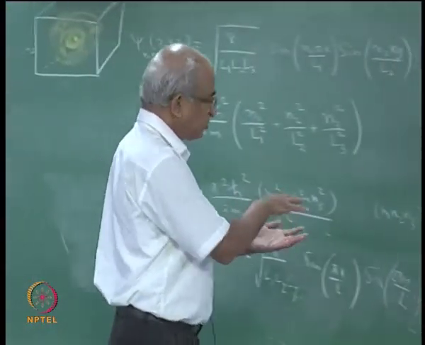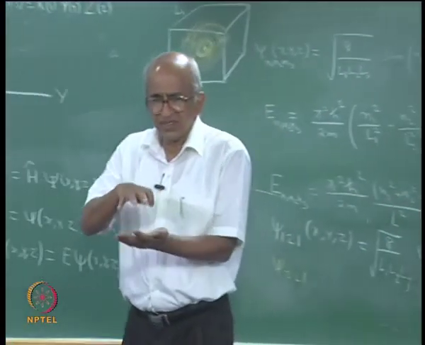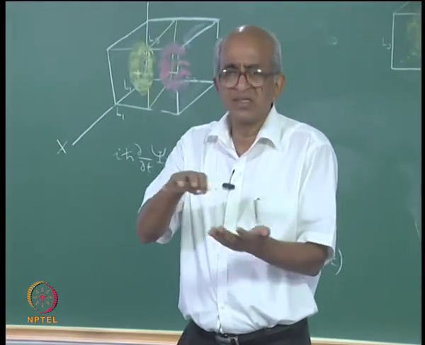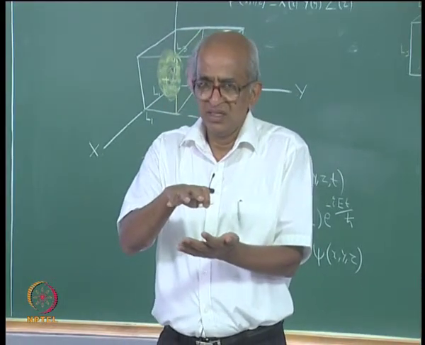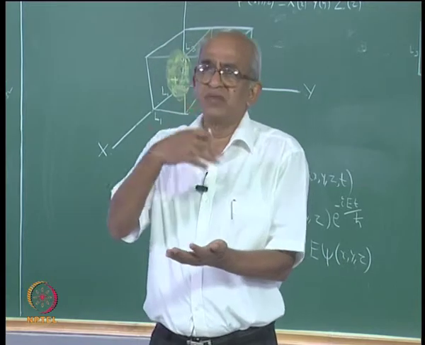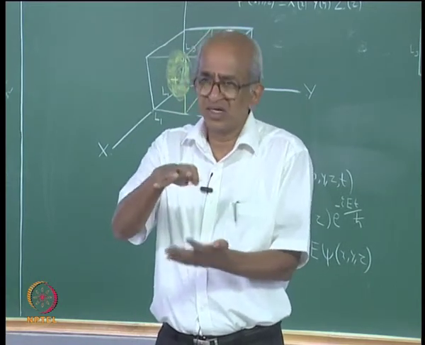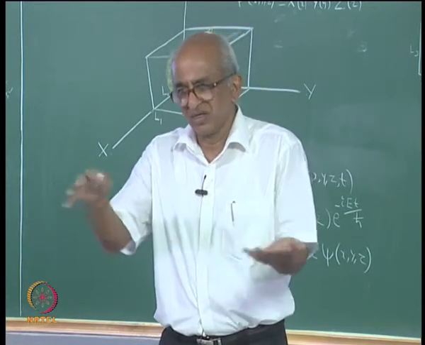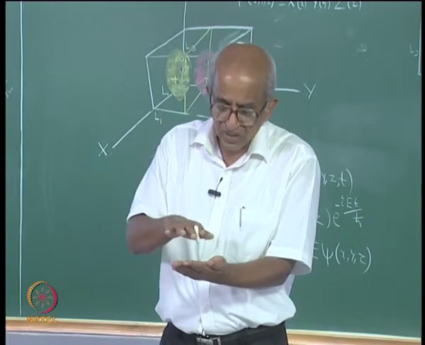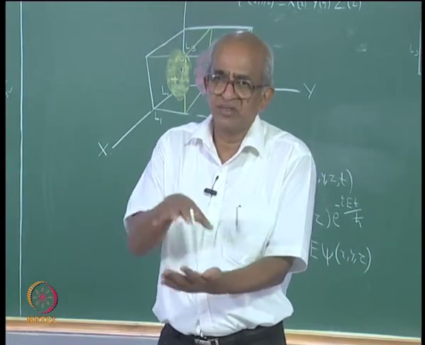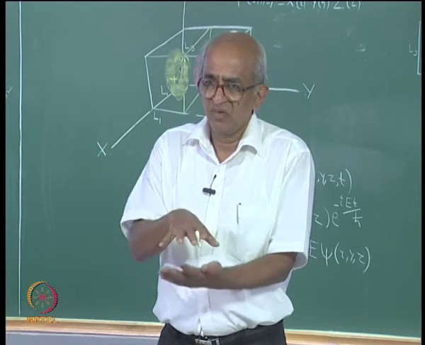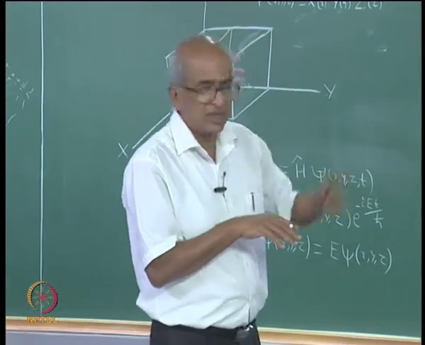See, here I have assumed that the box is completely symmetric, all the three sides are equal. So, if you are familiar with symmetry, you will say that it has octahedral symmetry or cubic. But suppose I now say, okay, I am going to distort this. You look at the figure.